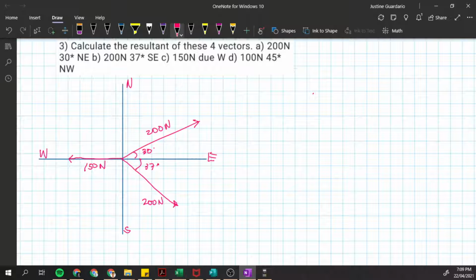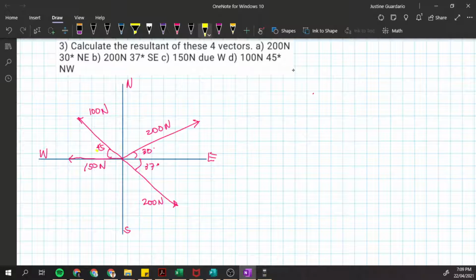Then, last one, we have a vector of 100 Newton, 45 degrees northwest. So, starting from west, papunta sa north, meron tayong 45 degrees. So, ito yon. We have here a vector na ganito. So, 45 degrees. Tapos, ito yung 100 Newton. So, i-resolve natin siya. Okay?